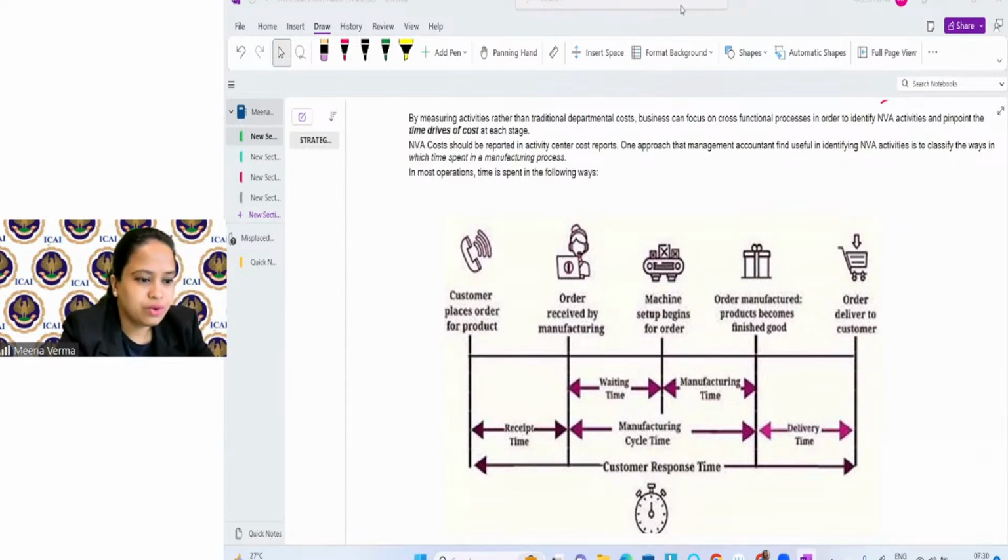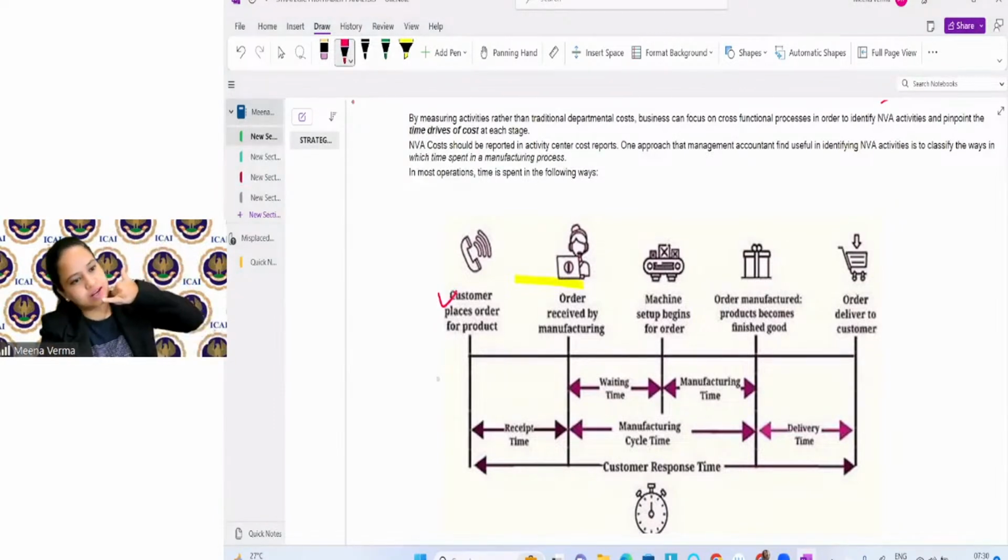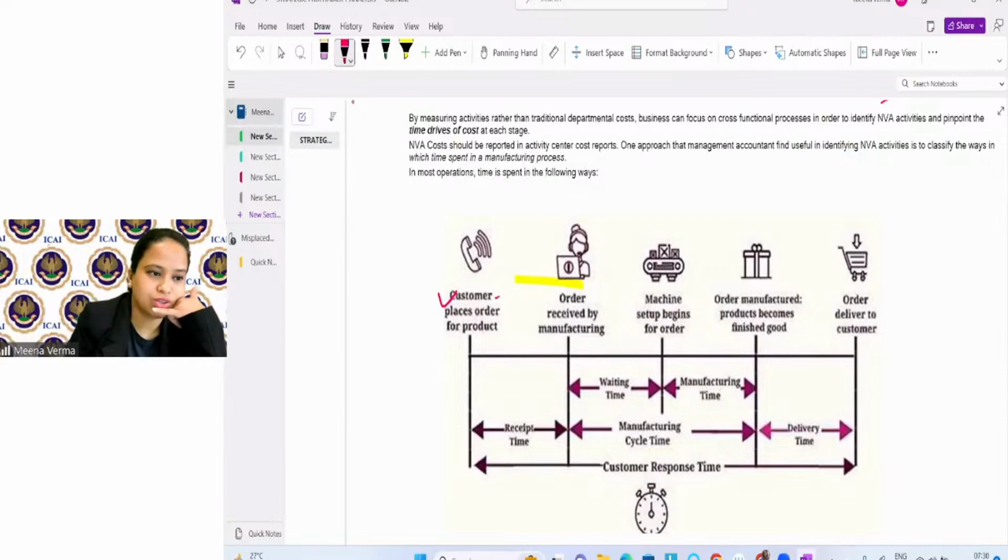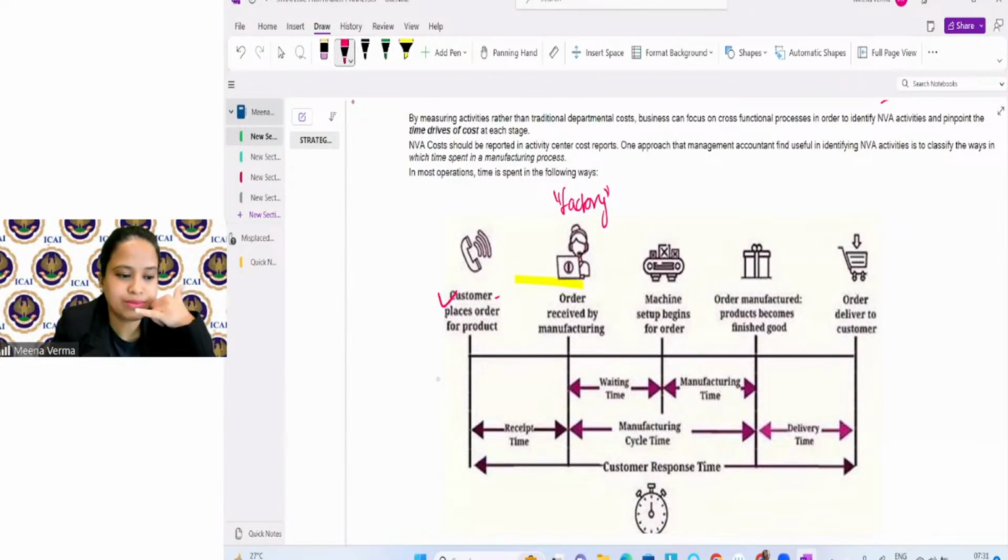Okay, so what do we have here? Just in front of you, they have taken a process. Let's see what it is. See what is happening here. The customer is placing the order: Sir, I need this. Then the order is received by the manufacturer. The factory or the company has received the order. Then machine setup begins. Obviously when we receive the order, we will start the production, but for starting the production process, you have to set up the machines.